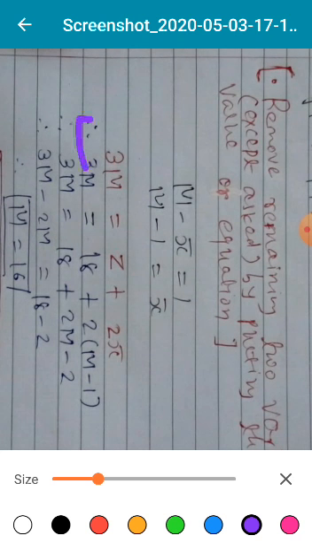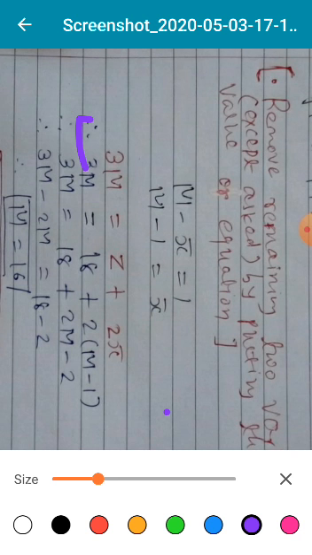Look at this second line: 3m equals 18 plus 2 in brackets, m minus x bar, because the median is asked, so z and x bar should be removed. How to remove? By placing the value if given. The mode's value, z's value, is given, so we have written it directly.